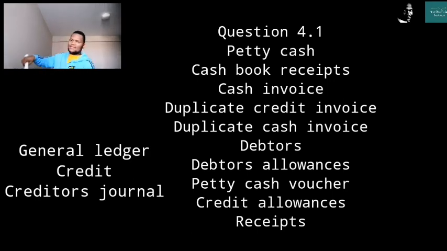So this is a homework, guys. I'm assuming that you have done it, so I'm going to give you answers to it. So number 1, a client enters our store and purchases merchandise which she pays for in cash at the counter. Our bookkeeper must record this transaction in the cash book.